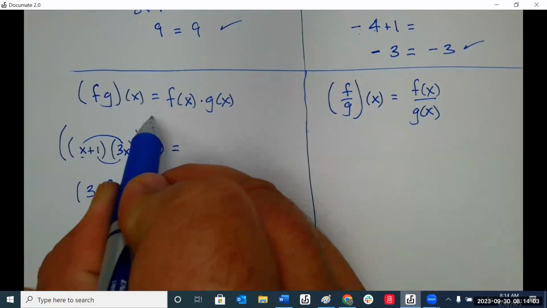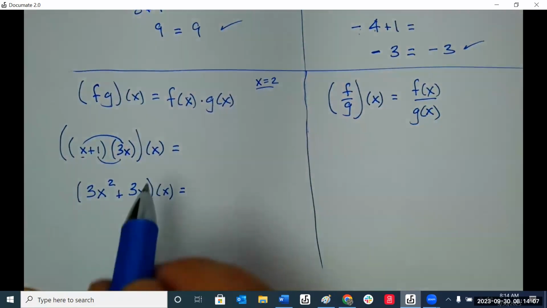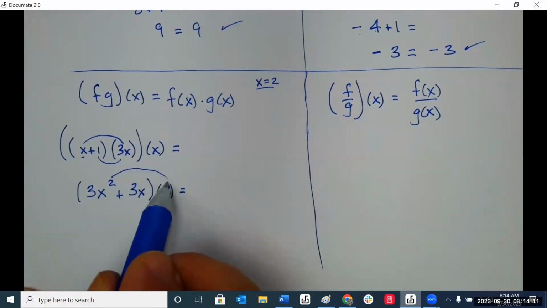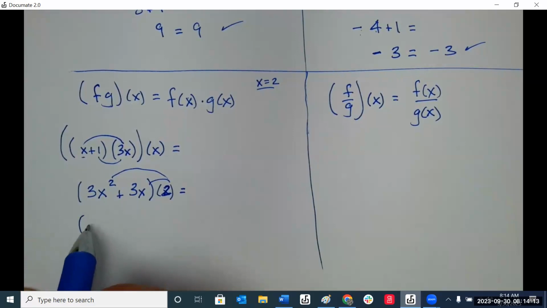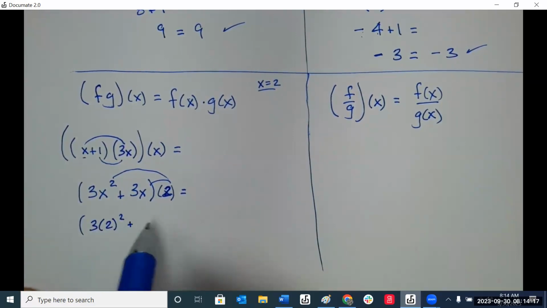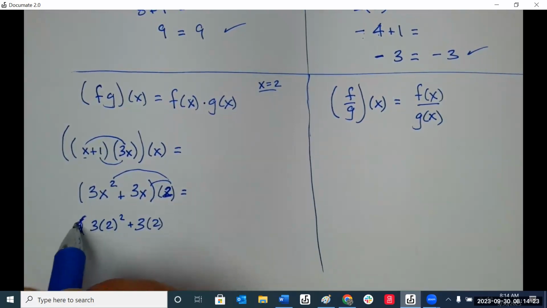Now remember, we're saying that x equals 2. So anywhere I see an x, I plug in a 2. 3 times 2 squared plus 3 times 2.